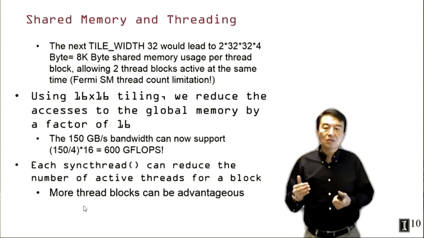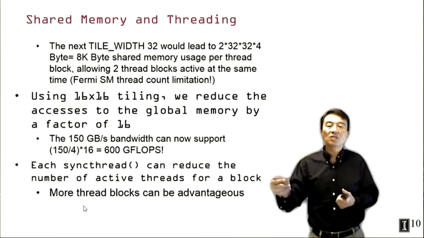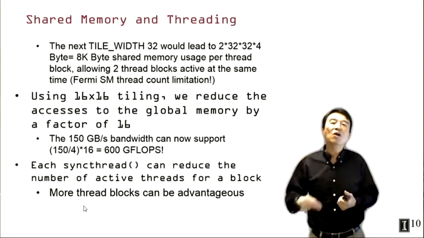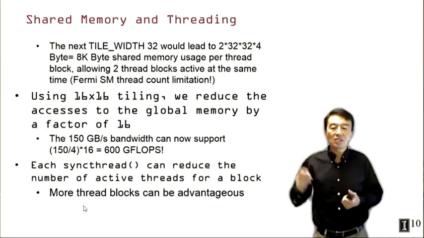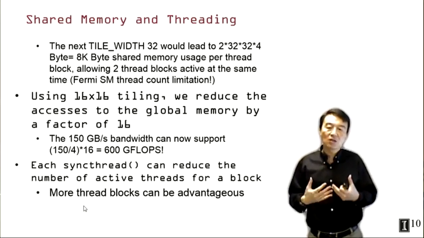Going back, this tells us that the 16 by 16 tiles are probably a better choice regardless of the shared memory size. That is, even if we increase the shared memory size to a bigger size, we would not have been able to run more of the thread blocks in the SM anyway. So assuming the 16 by 16 tile size, we actually reduce the number of global memory accesses by a factor of 16.